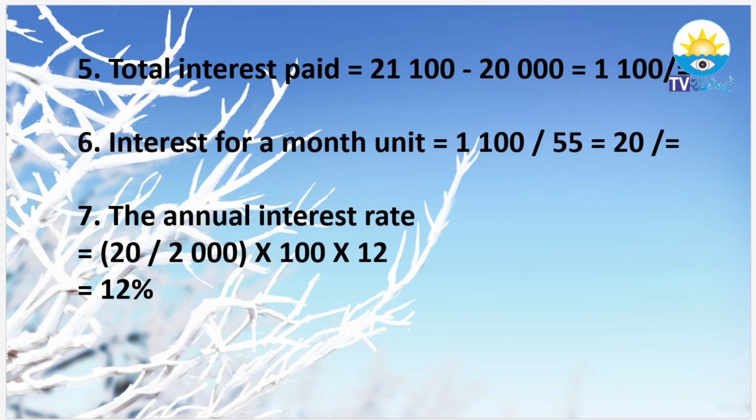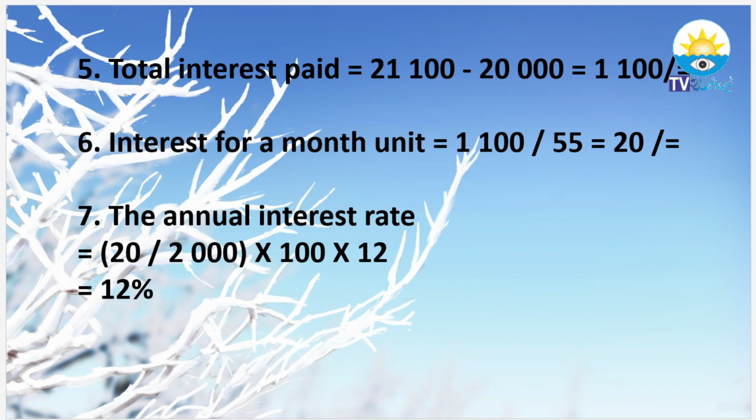Now, the final answer you can calculate using the answers obtained from the previous steps. In the first bracket, you can see the fraction form. You have to use the interest for a month unit as the numerator.